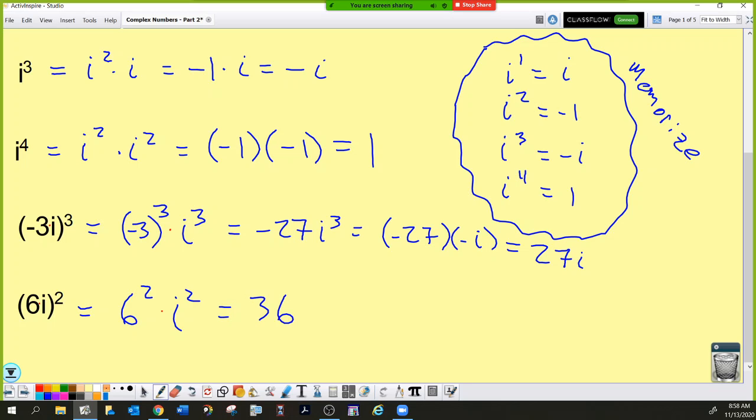And what is i squared? It's -1. So if you say 6i squared, what you end up with is -36. So this is how you raise i's to powers.